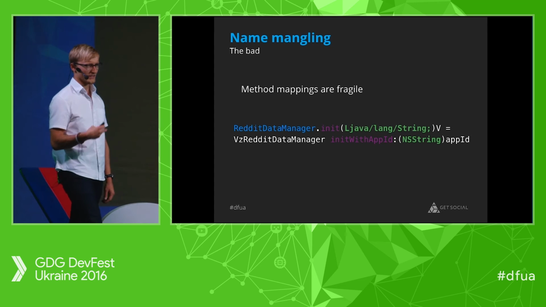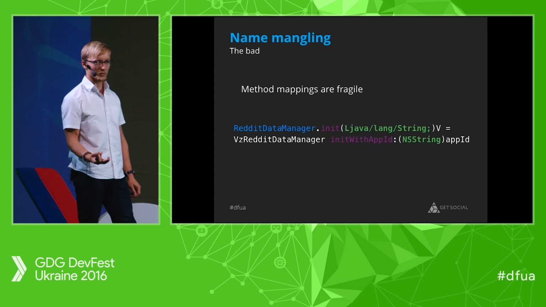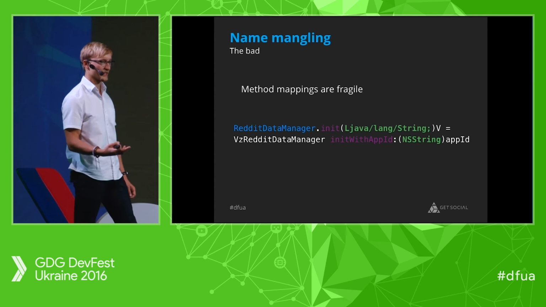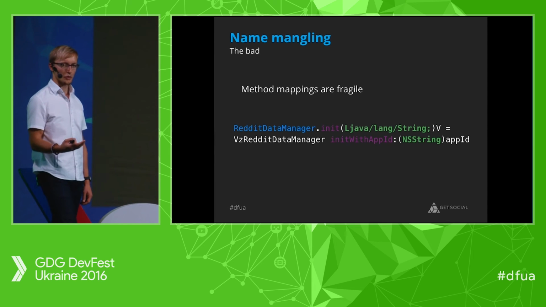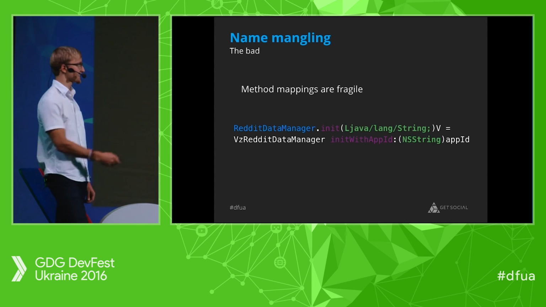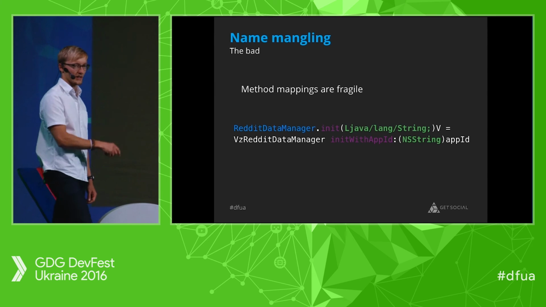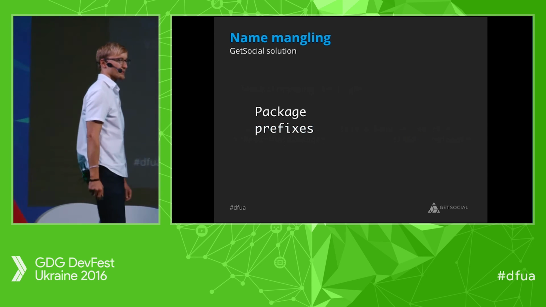It's not very handy to write, but it's manageable. But problems with cross-compilation will still be there. As soon as you refactor your method name or change the number of parameters, you'll break this mapping file. We tried to use it, but we stopped.